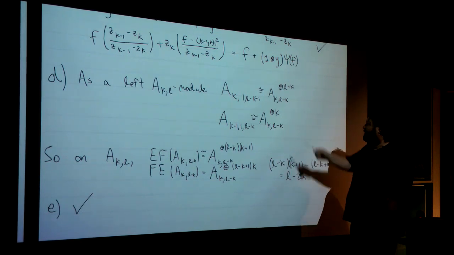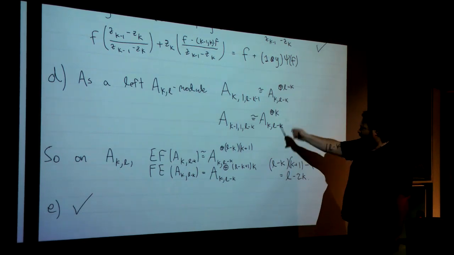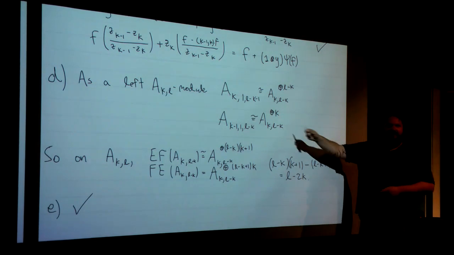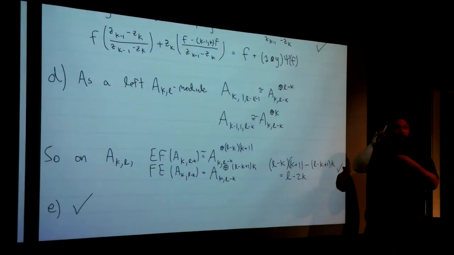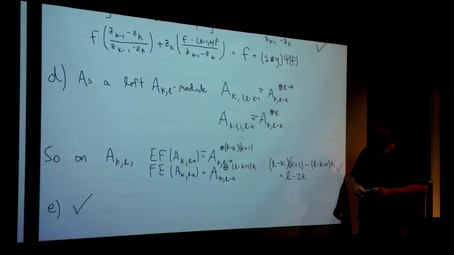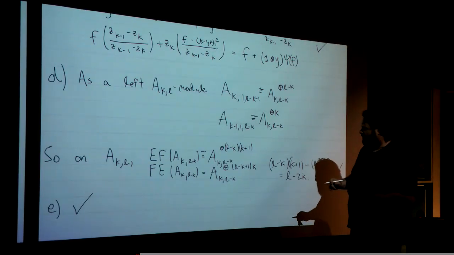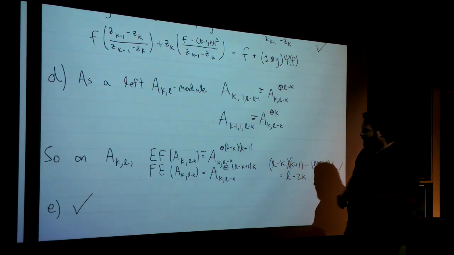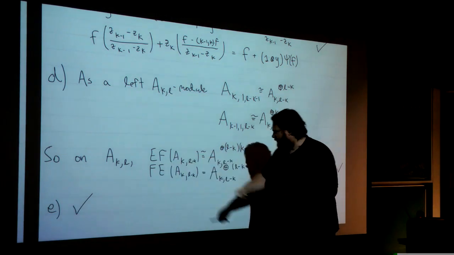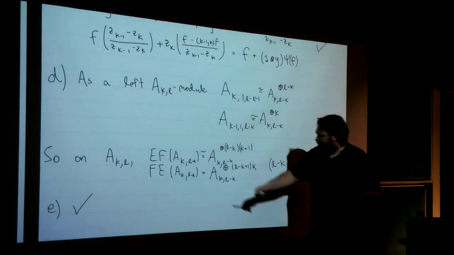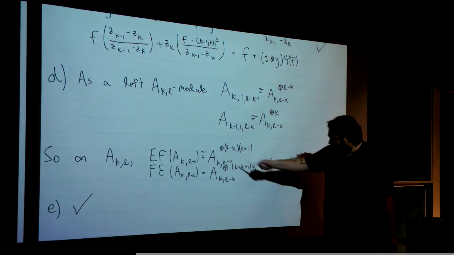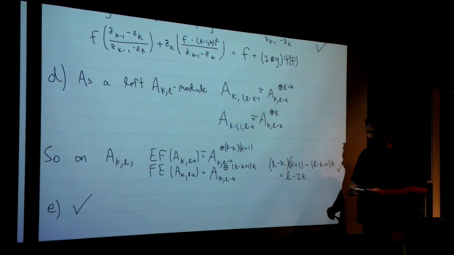And again, both of these are coming from the fact that I have complex projective spaces as fibers, and this L minus k and this k are the rank of the cohomology, the sum of the Betti numbers of symmetric functions. It's also not hard, but I always think about it geometrically. So now when I compare EF and FE on the weight space, I apply these twice, and I see that I get a bunch of copies of it.